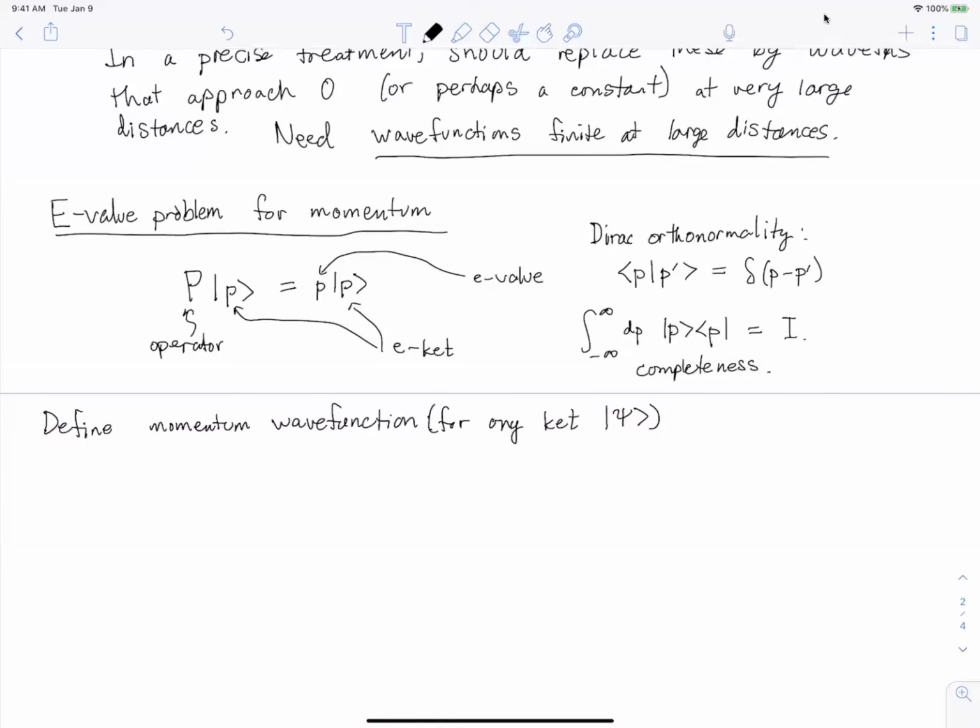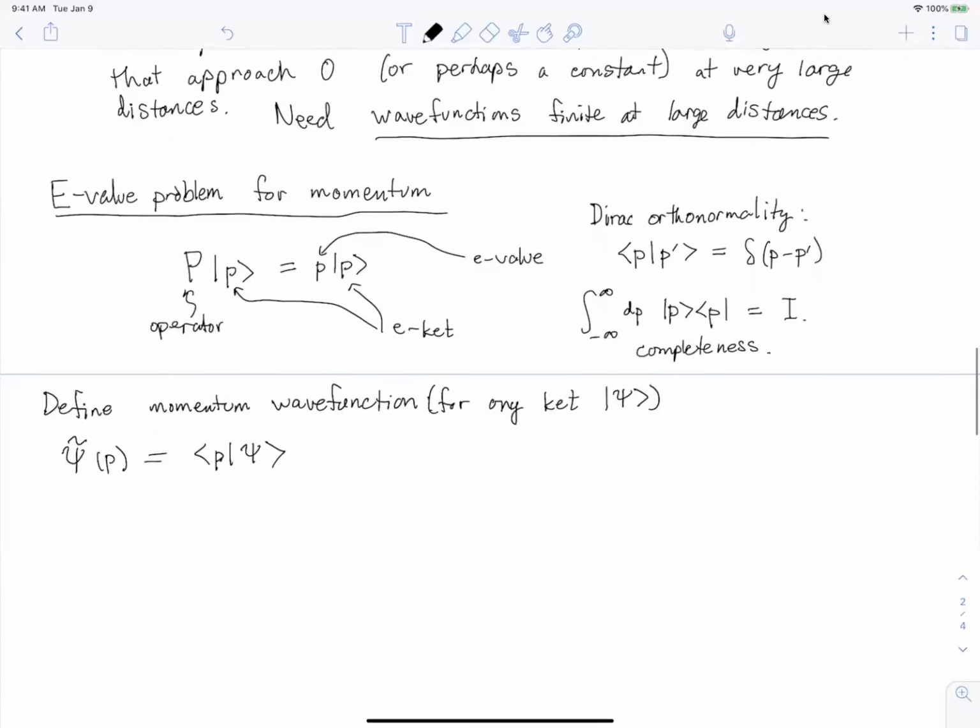It's defined to be psi tilde of p equal to the inner product of the eigenbra for p with the ket psi, the state psi. The tilde is just because we also had psi of x, which was the inner product of x with psi. So we just need some way to distinguish them, and the conventional thing is to put a tilde on top of the function, because in general it's a different function.